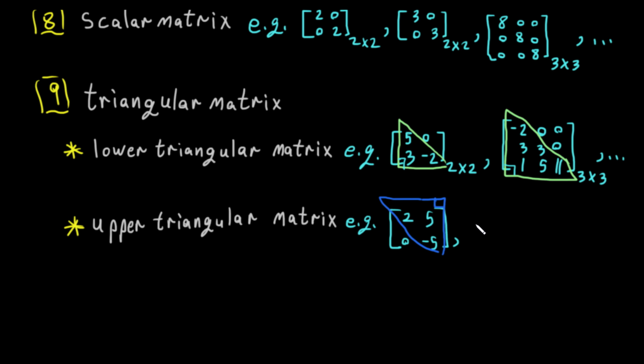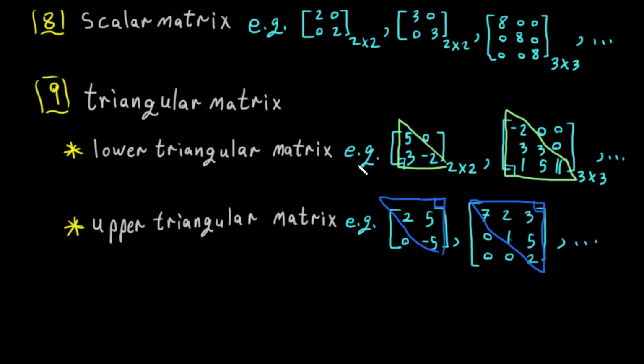Another example, a 3 by 3 matrix. The right triangle here has a 90 degree angle, and so on.